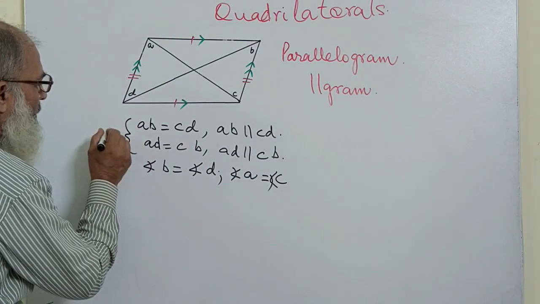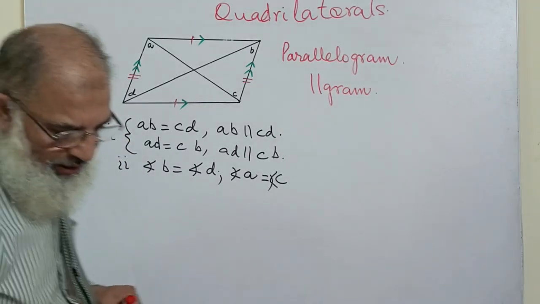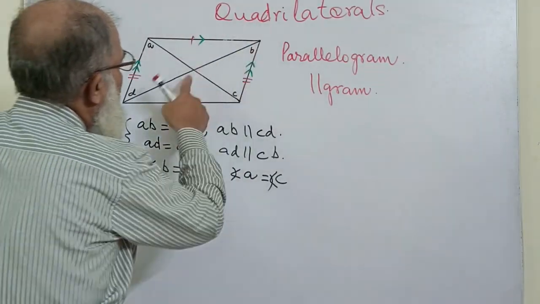This is one property, this is the second property, and the third property is that the diagonals bisect each other. Now these diagonals bisect each other.